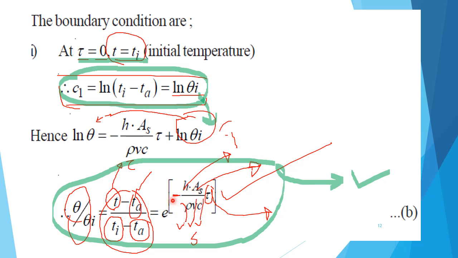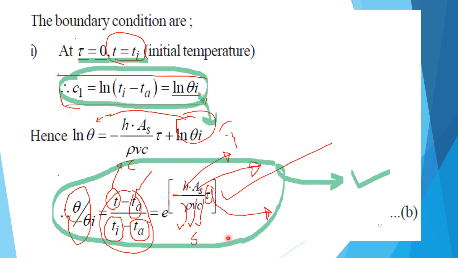This is our final equation, in which T is the temperature at any time tau, Ta is the surrounding fluid temperature, either air, brine solution, or water temperature, Ti is the initial temperature of the solid, h is the convection heat transfer coefficient of the surrounding fluid, As is the surface area of the solid body, rho, V and C are the density, volume and specific heat of the solid body, and tau is the time.